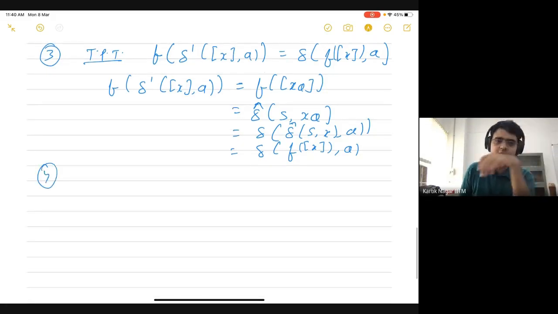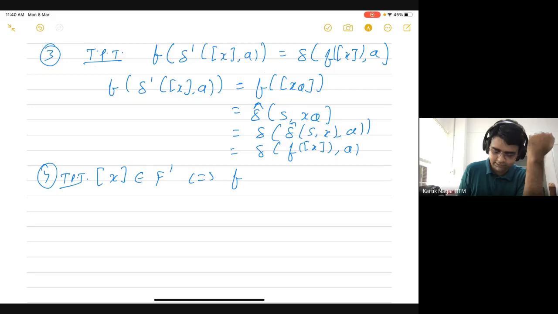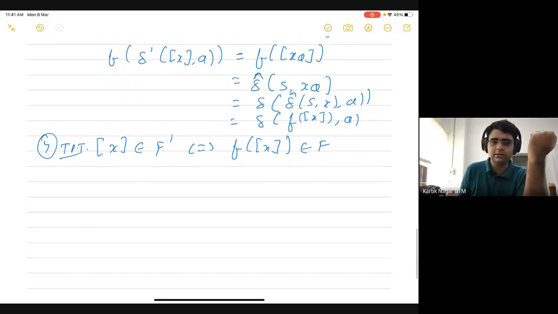And the last thing that we need to show is that the final states are also related to each other. So this is what we have to show: some x belongs to F prime if and only if f of x belongs to F. How do we show this?